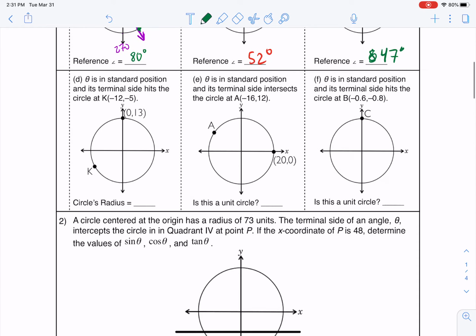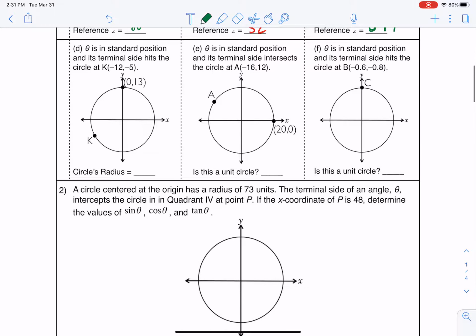All right, part D. Theta in standard position and its terminal side hit the circle at K being -12 and -5. We're given some information on this circle. I'm told that I have this point on the circle, 0, 13. There's the point K. We need to eventually find the circle's radius. Let's draw in our angle first.